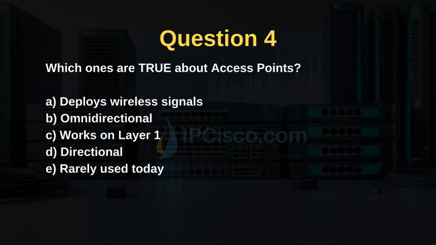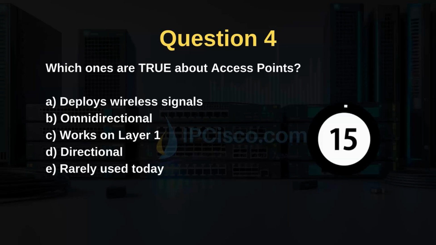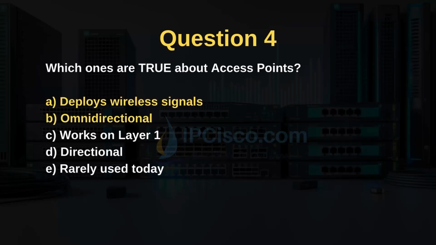Which ones are true about access points? Deploys wireless signals, omnidirectional, works on layer 1, directional, rarely used today. The answer is A and B, deploys wireless signals and omnidirectional.